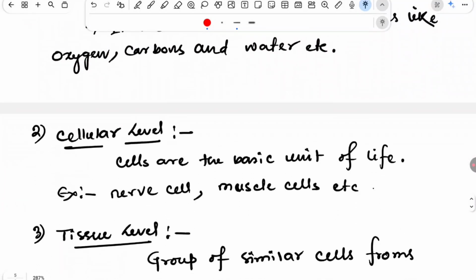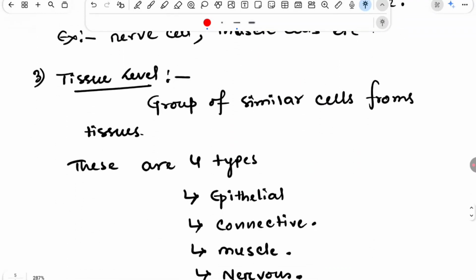Next one is cellular level. Cells are the most basic unit. We can say otherwise it is the structural and functional unit of the body also, like nerve cells, muscle cells, etc. Next, tissue level. A group of similar cells forms tissue. Here you have to remember similar cells, not different types of cells.